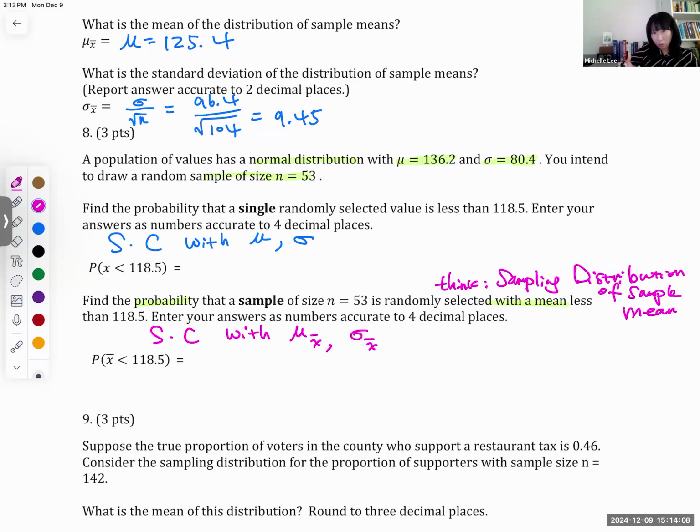Okay. Can you please find out what's mu sub x bar? We know that. Sigma sub x bar, we just did, sigma over square root of n. It's a different number. Can you please find out?